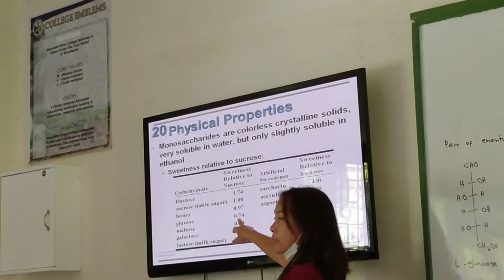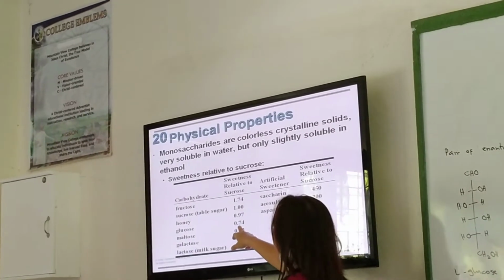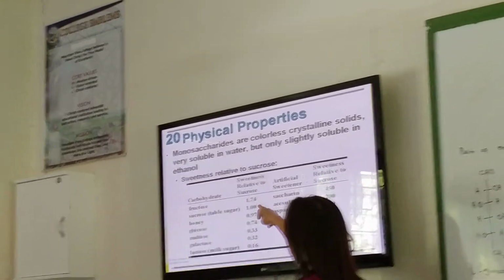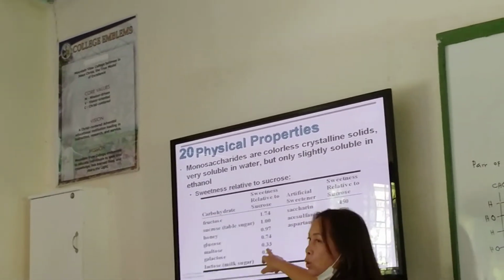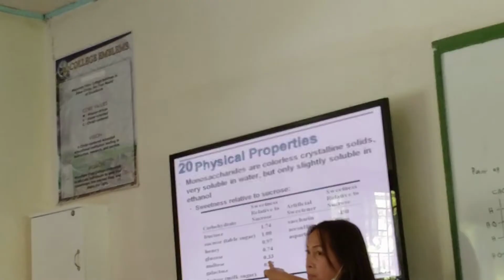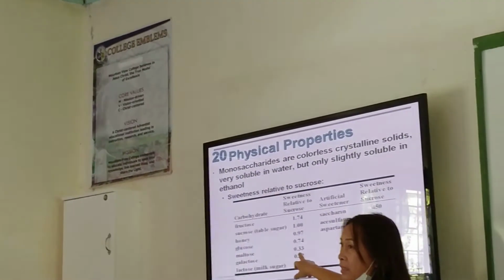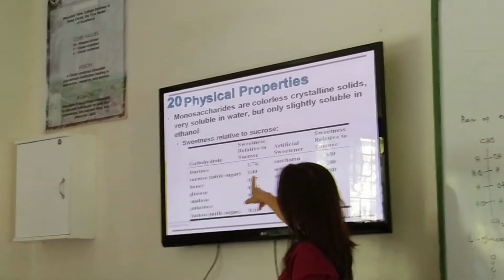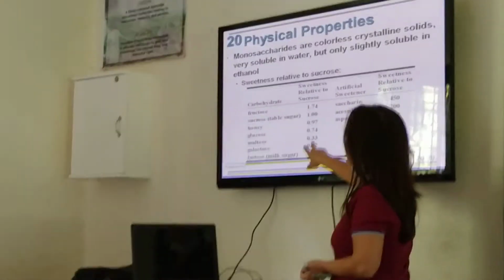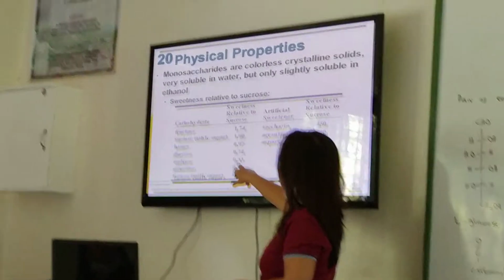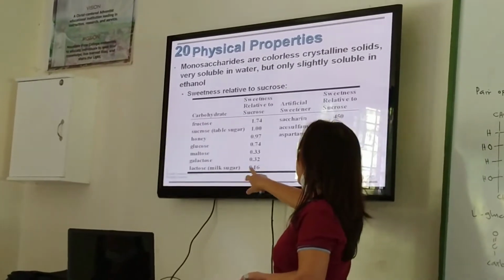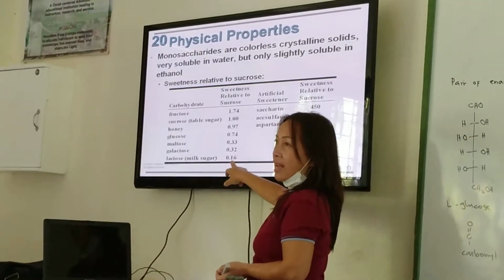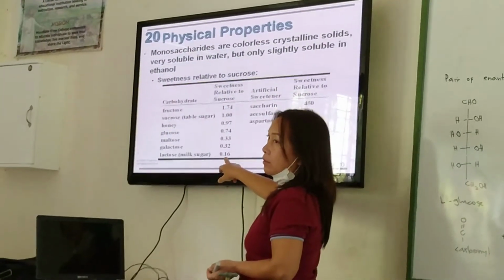Now, glucose is very minimal, 0.74 compared to the sweetness of our table sugar. Maltose or malt sugar is used in beer making. That's why the beer contains sugar but it's not as sweet as that of our sucrose or honey. So it's 0.33. The lactose, 0.32, and then our milk is not as sweet as our table sugar.